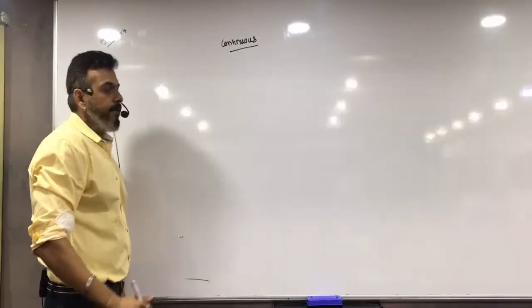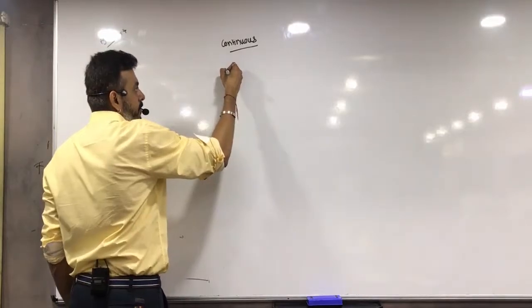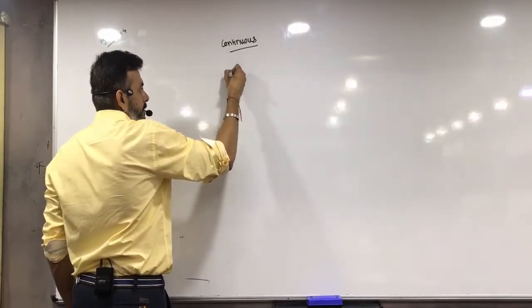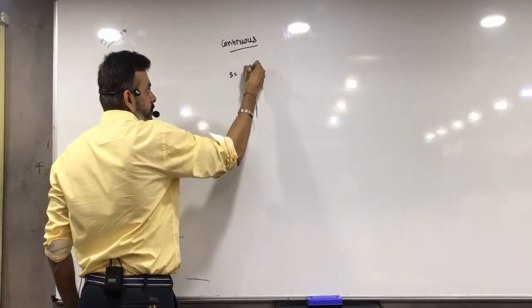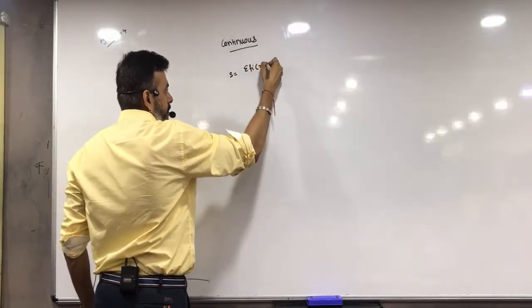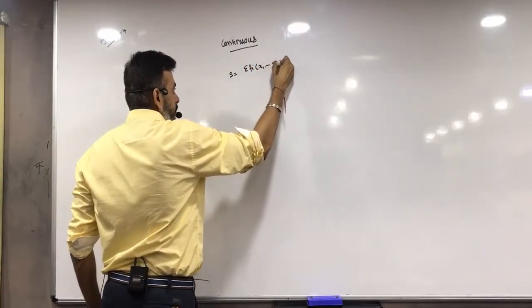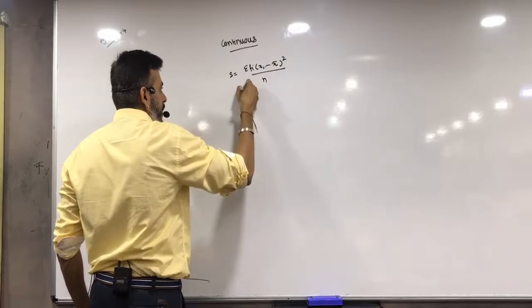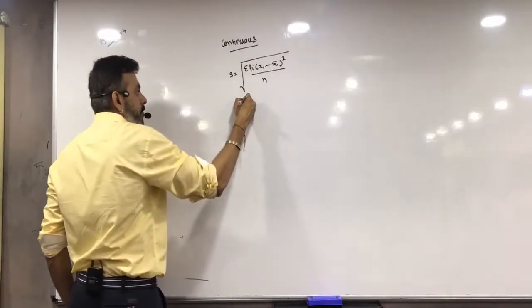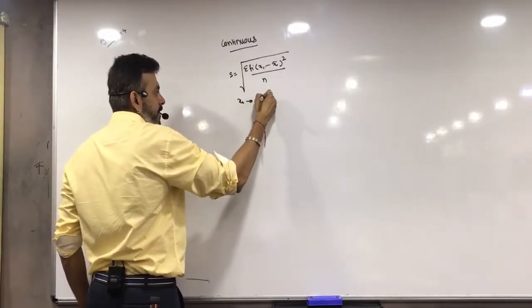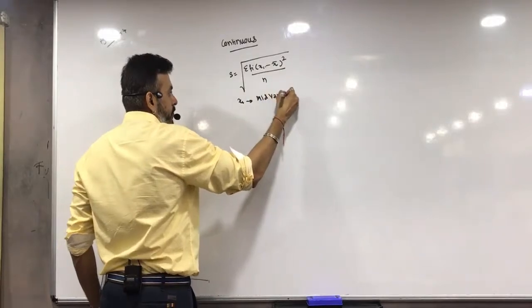Okay. Now it continues. Similar formula for direct method. Standard deviation is equal to sigma fi xi minus x bar the whole square upon n, the whole under root. What is xi over here? Xi is the mid value.